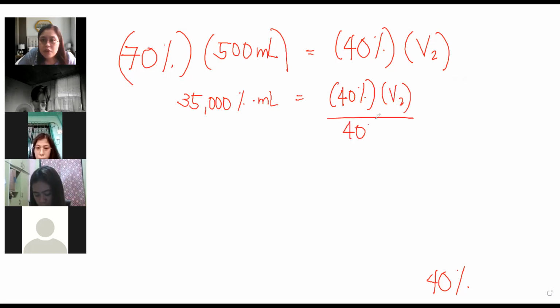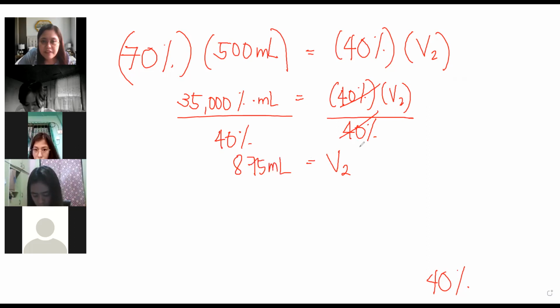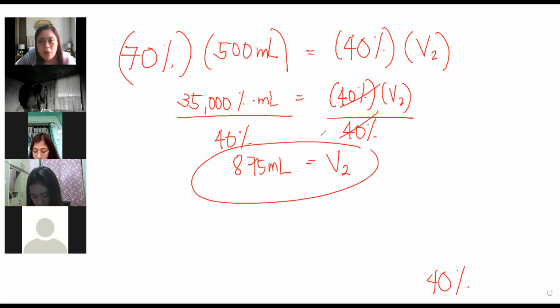Let us divide both sides by 40% and cancel it. We will be left with V2 here. So 35,000 divided by 40 is 875 ml. So this is now the volume.